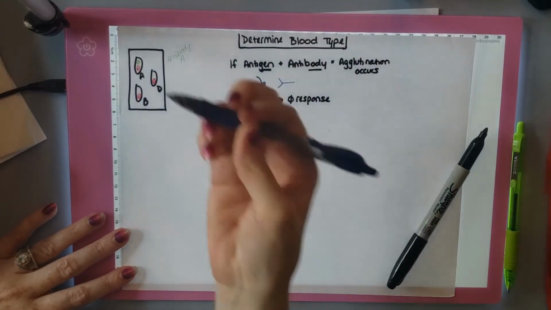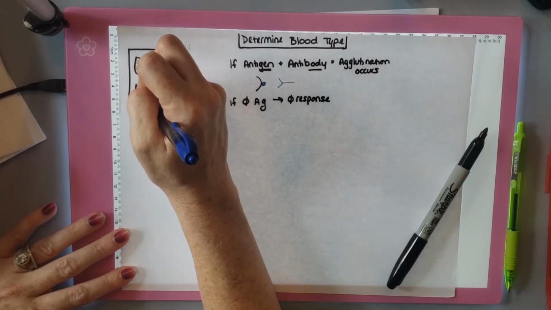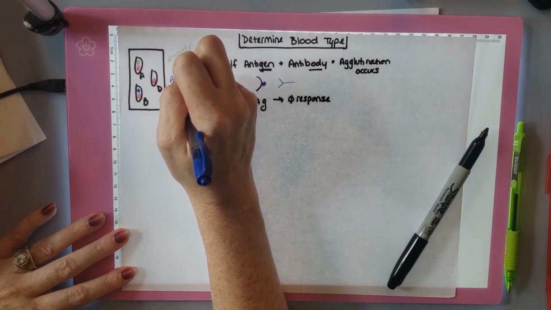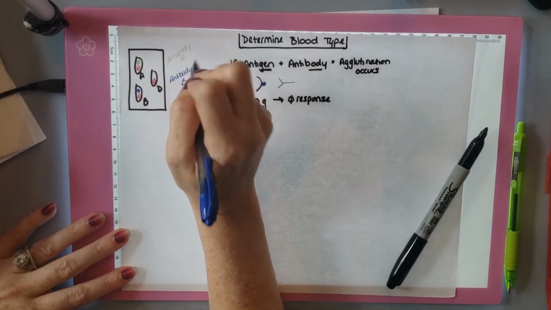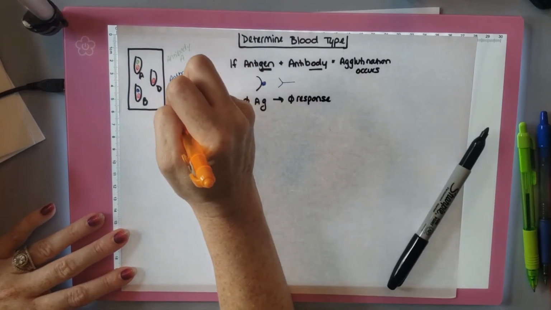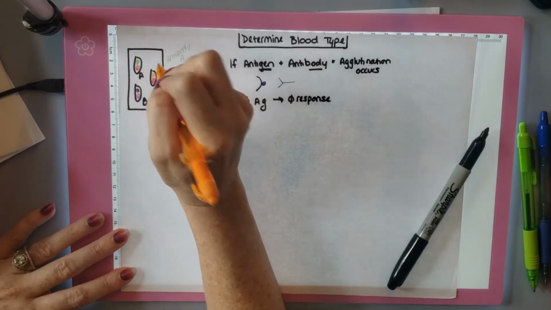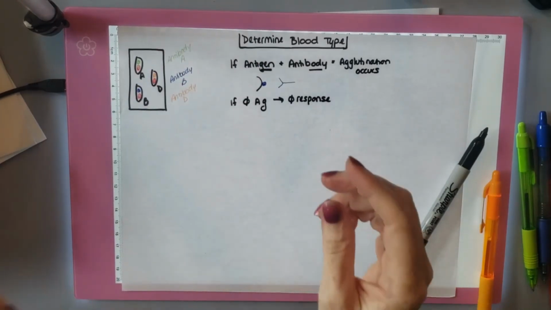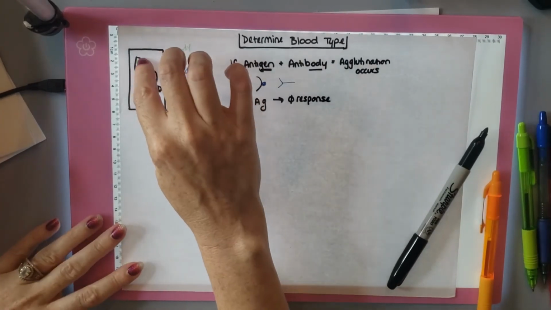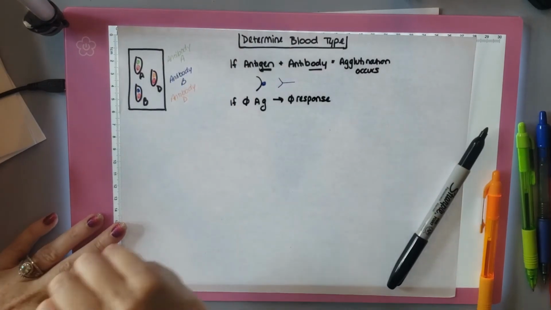We're going to do antibody B, and antibody D, and drop it in here. Then, well, you're not, but you're going to watch them mix each one, and you're going to see what happens.